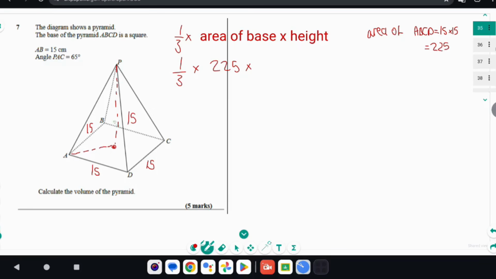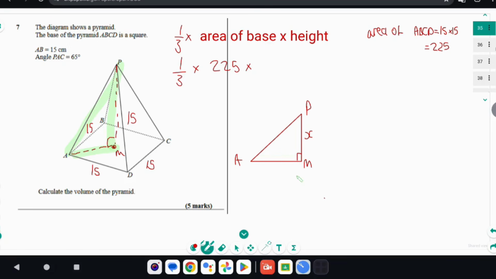If we drop a line down vertically from P, we get this right angle triangle, A, P, M, I'm going to call it. I'm going to put an X here. That's what we're working out, the height.